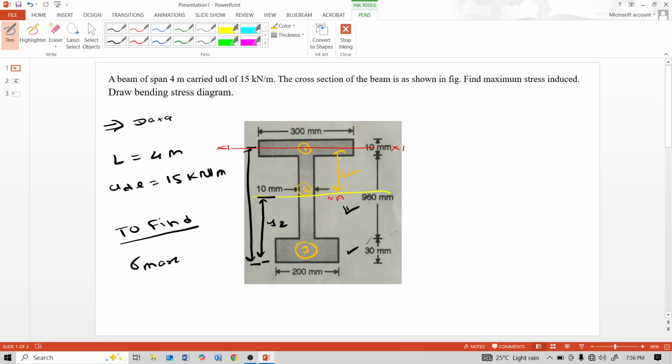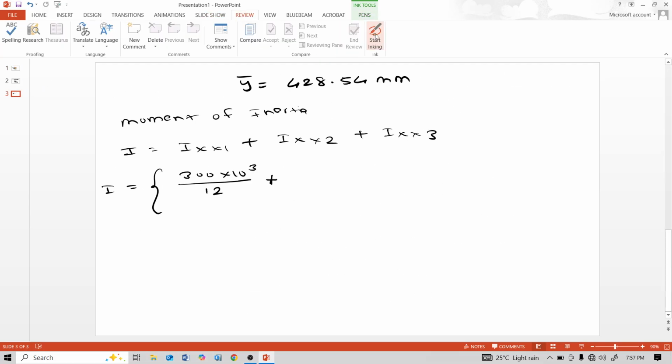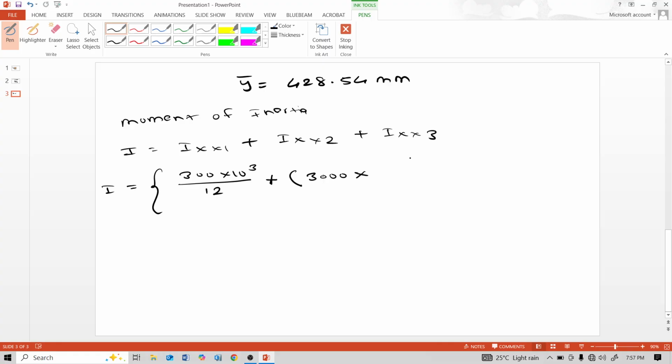And area of this top flange is 300 multiplied by 10, that means 3000 mm squared. First, top flange moment of inertia plus area of top flange 3000 multiplied by the square of the distance between neutral axis and top flange centroid, for parallel axis theorem.